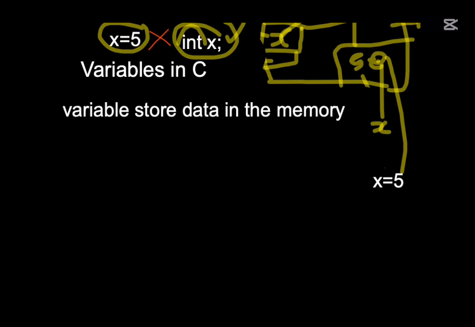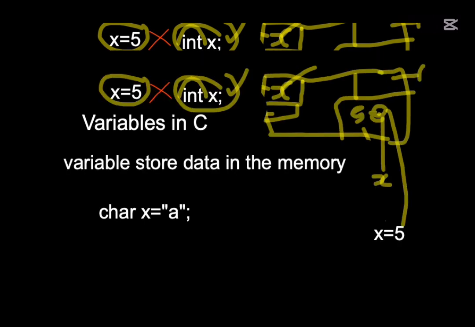So if I type something like this, char X equals A, each time you want to store A, you have to use quotation marks. That's how C works.